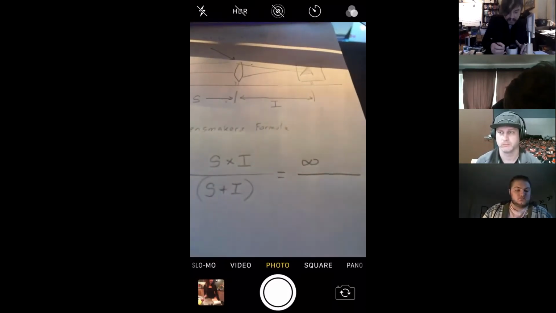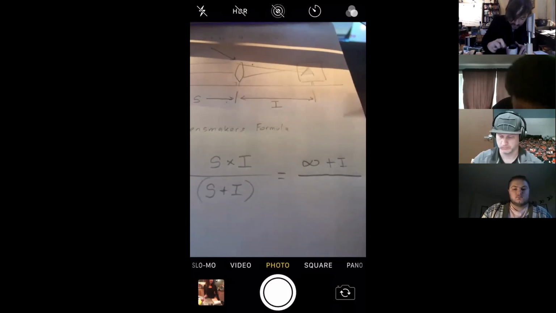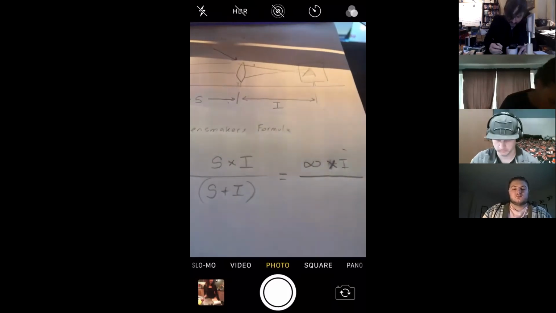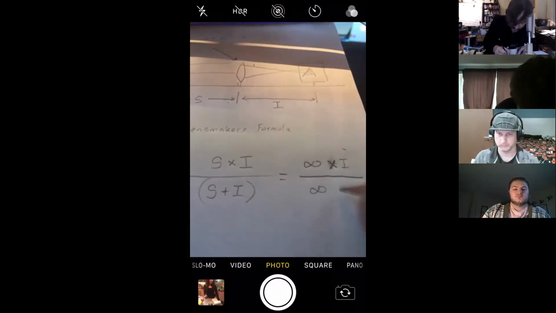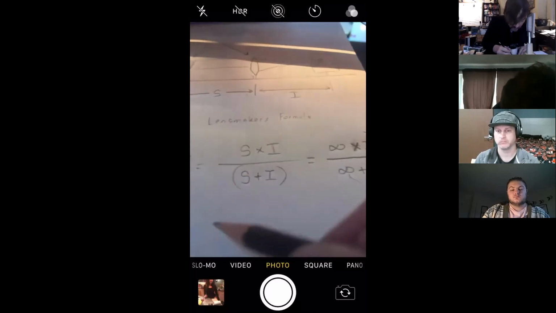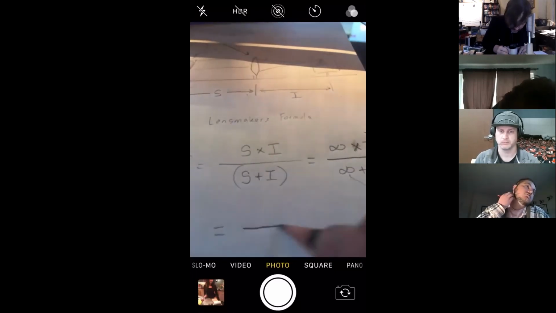So let's approximate the distance as infinity. You can actually work with infinities. If you have infinity times i divided by infinity plus i, 10,000 plus 10 is still pretty close to 10,000, so infinity plus i is still infinity.